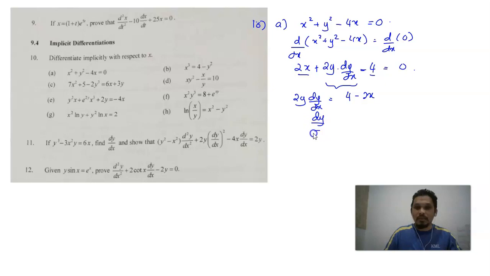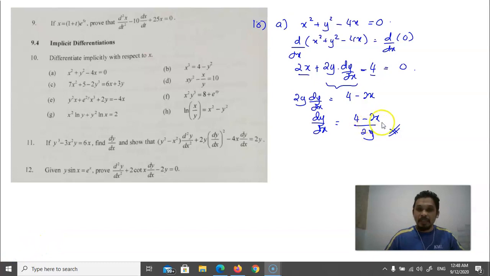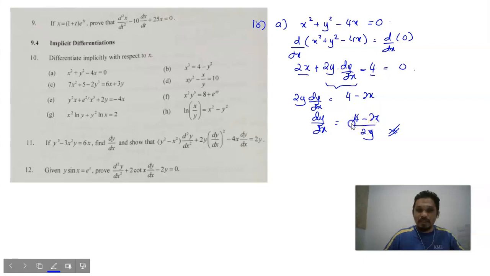Then dy/dx equals (4 minus 2x) divided by 2y. Class, we can simplify this by dividing every term by 2, which gives (2 minus x) divided by y. That's it.